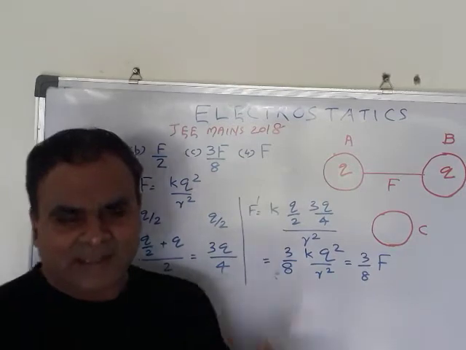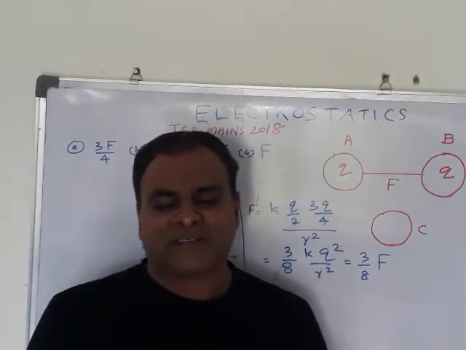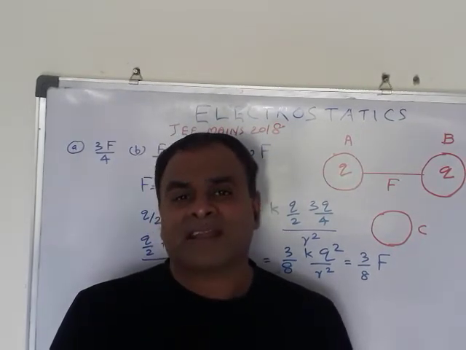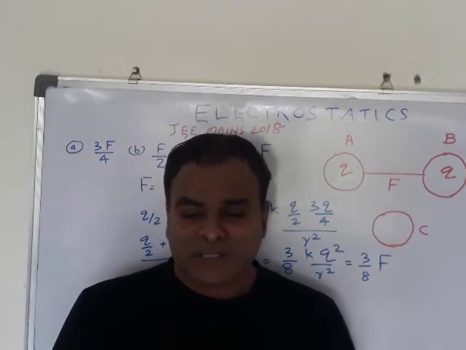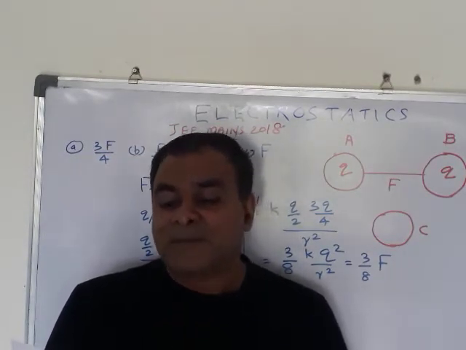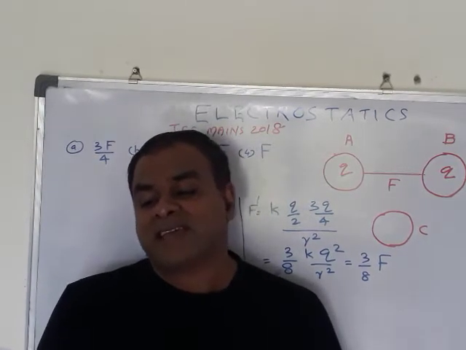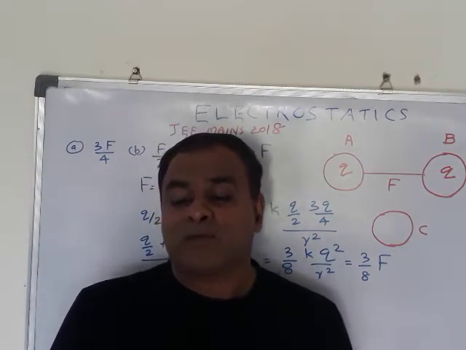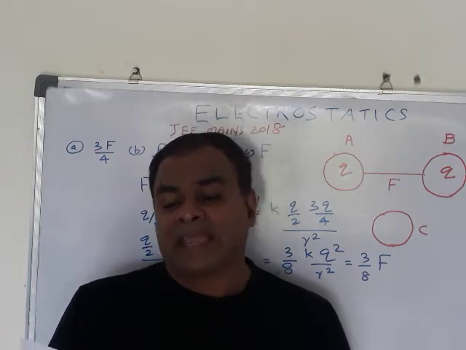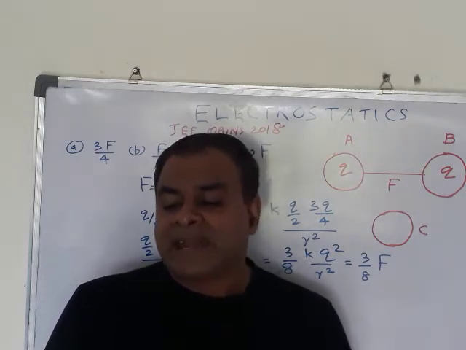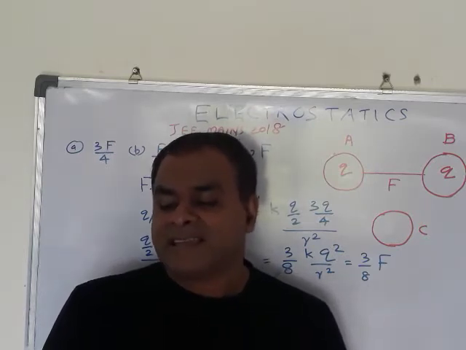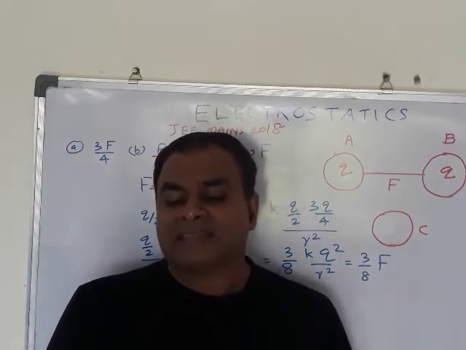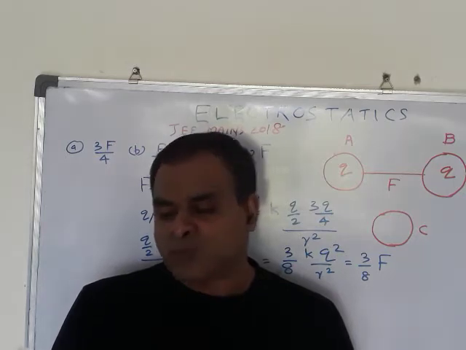I will read the question once again. Two identical conducting spheres A and B carry equal charge. They are separated by a distance much larger than their diameters and the force between them is capital F. A third identical conducting sphere C is uncharged. Sphere C is first touched to A, then to B, and then removed.